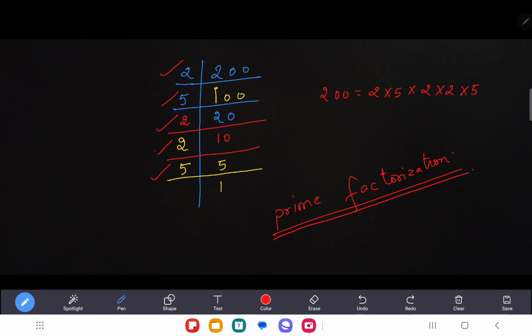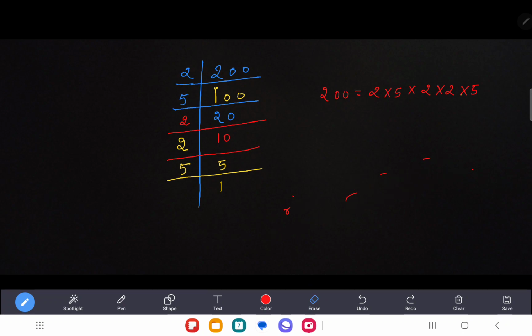Understood or not? Understood. Any doubts in this? No. Are you sure? Okay. So this is the concept. Any doubts in this? No.